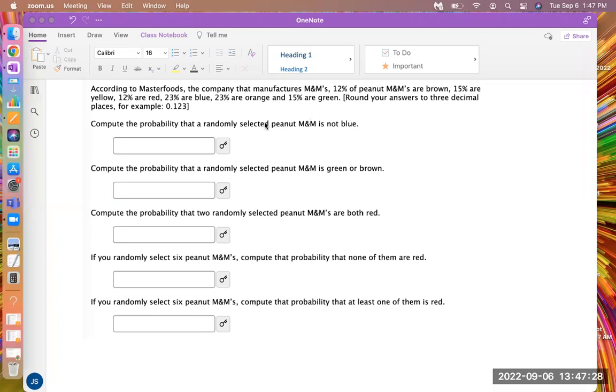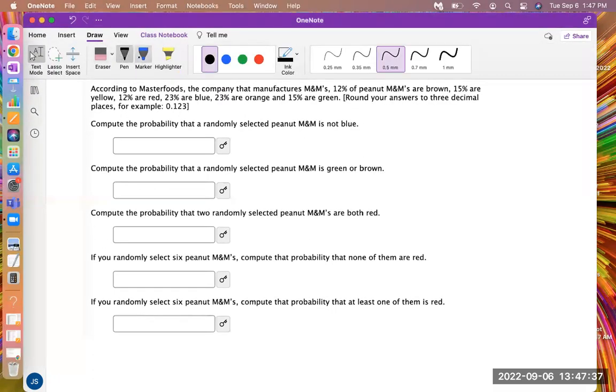So if it's not blue, well, maybe I think about this as the probability of it not being blue is equal to 1 minus the probability that it is any other color, because not blue is like this.